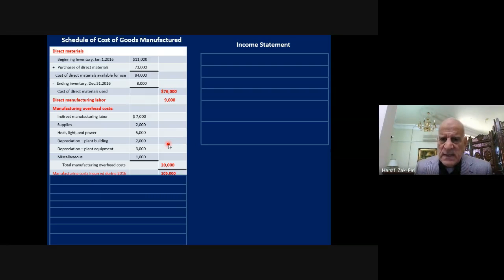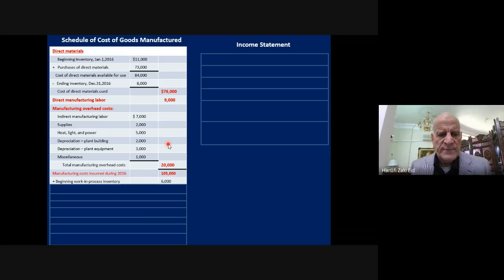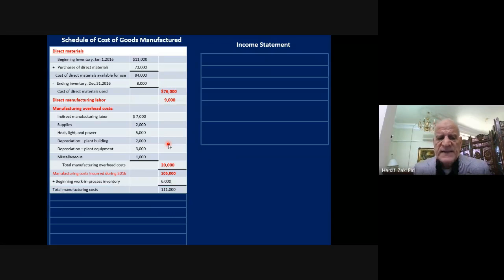These costs were incurred in addition to costs of beginning inventory of work in process. So we say plus beginning work in process inventory, 6,000. The total will represent total manufacturing costs, total production costs.